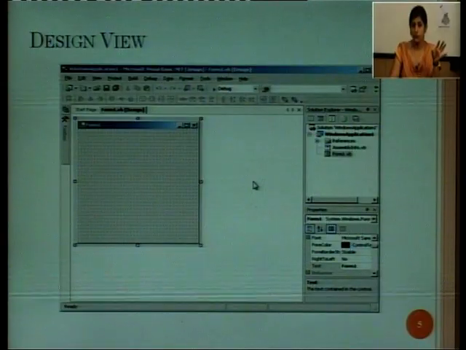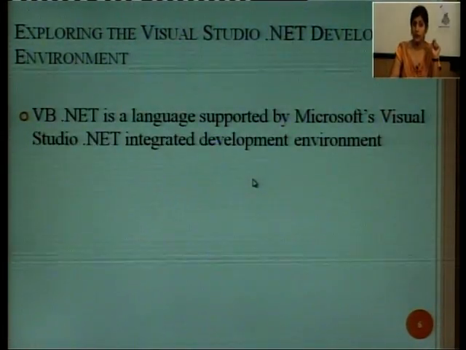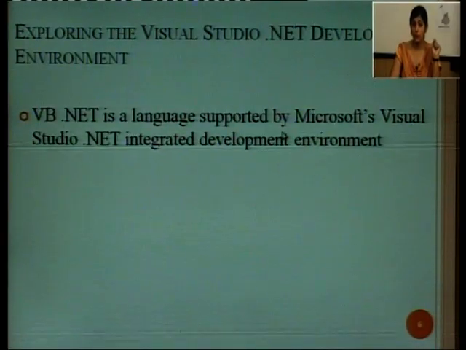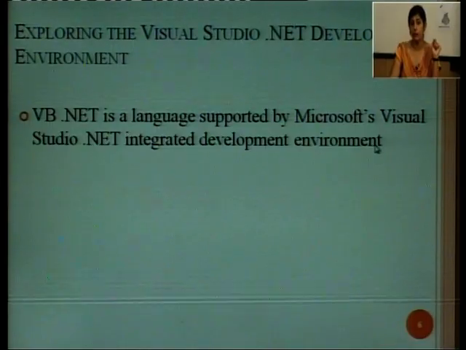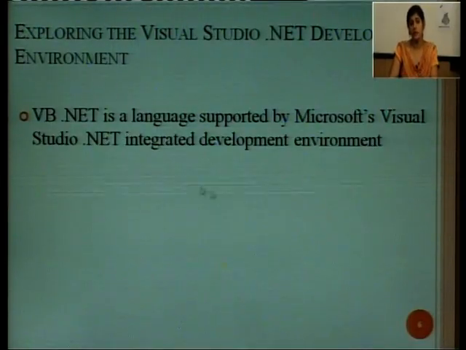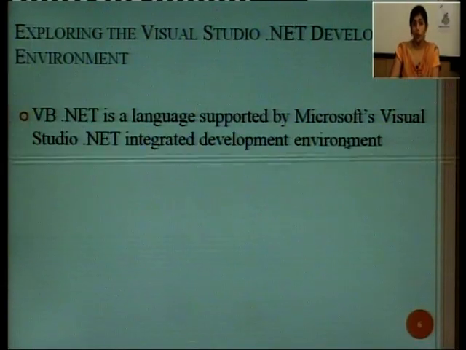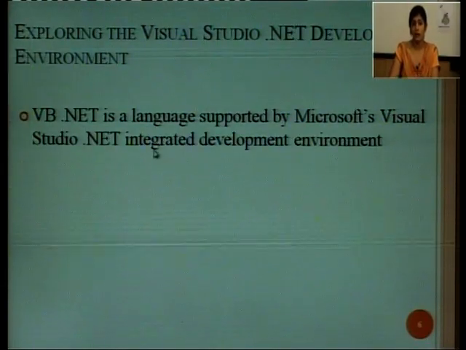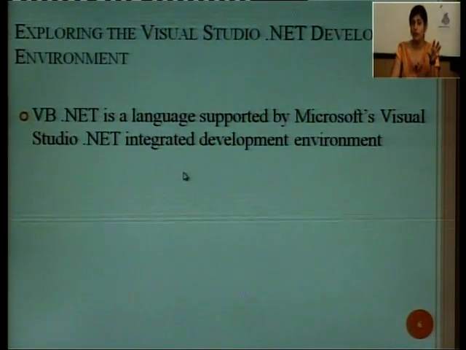Is it clear? Now, next, VB.NET is the language supported by Microsoft's Visual Studio.NET Integrated Development Environment. I am repeating this phrase again and again, integrated development environment. What does this actually mean? Integrated means it is a combination of various languages.